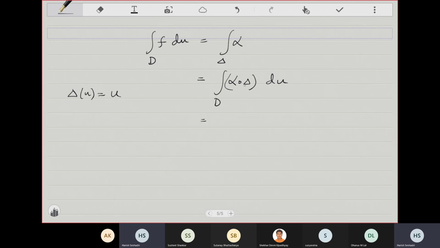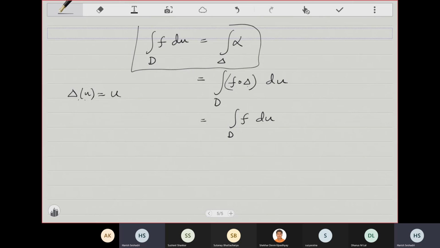Oh, not alpha composed with it, but the coefficient F rather. Again, delta of U is U. So F composed with delta is just F itself. So this is the integral of F du over T. That's it.